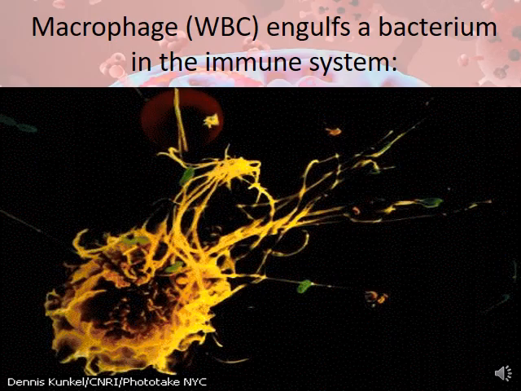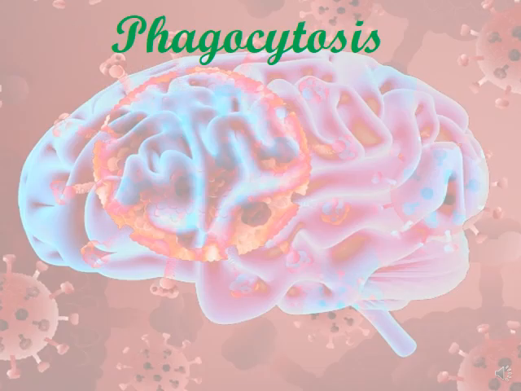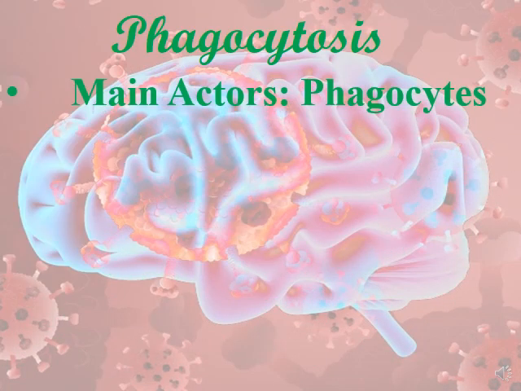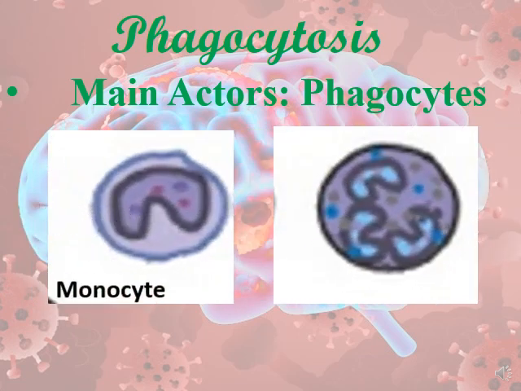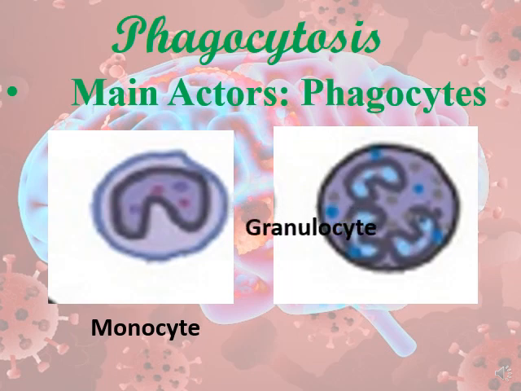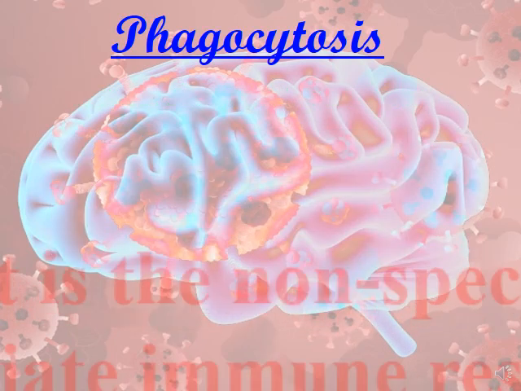So this is the macrophage, which is a WBC, engulfing a bacterium in the immune system. What is phagocytosis? The main actors are the phagocytes: the monocyte, which has a horseshoe-shaped nucleus, and the granulocyte, which has a multi-lobed nucleus. They have a role in phagocytosis.